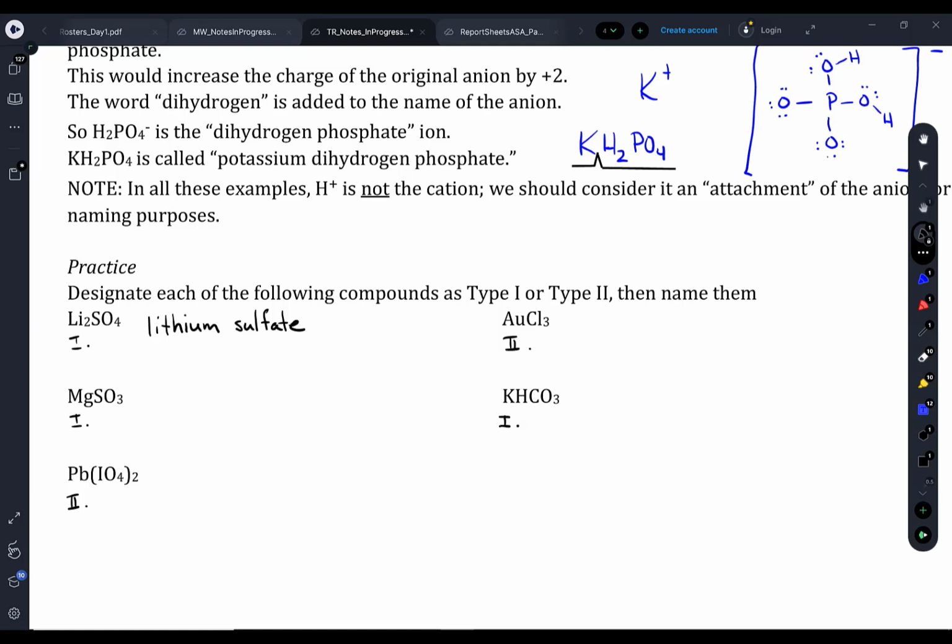Okay, the next one, it looks like magnesium sulfate, except what? Yeah, exactly. It would be magnesium sulfate if it was SO4, but we're missing an oxygen, so sulfate becomes sulfite. Very good. Magnesium sulfite.